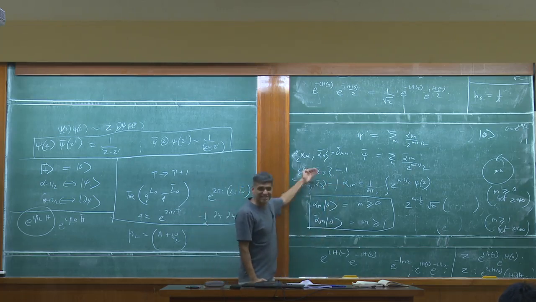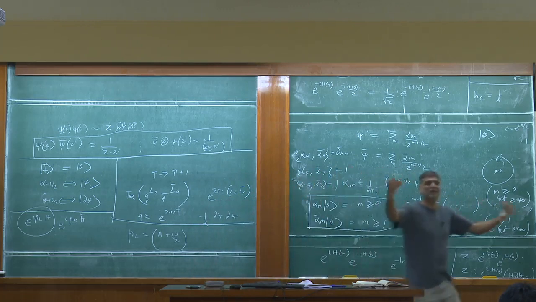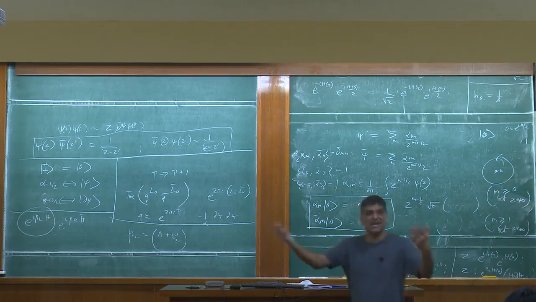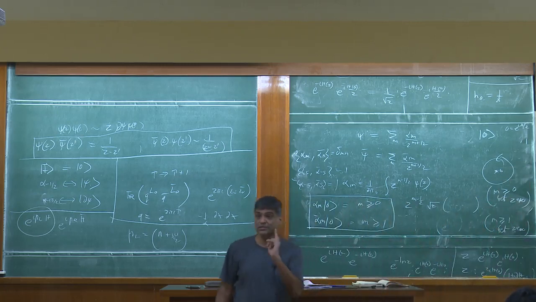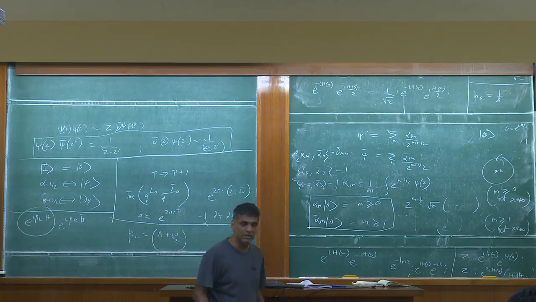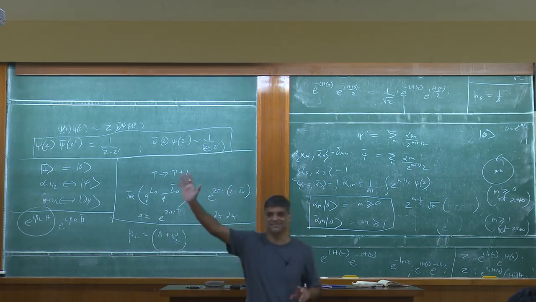So at any given integer, there are two fermionic harmonic oscillators, two creation and annihilation operators, because there were two psis, a psi and a psi bar. This is true for every integer except 0, because there it started from half. M and n were half. That was in the NS sector.